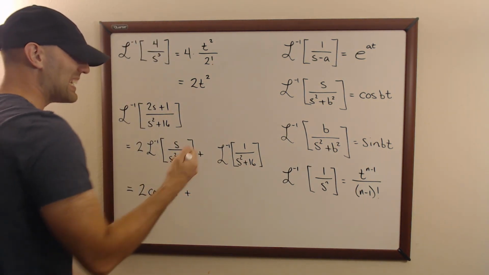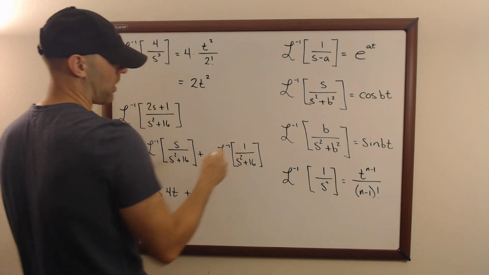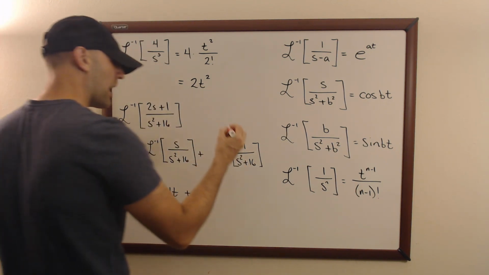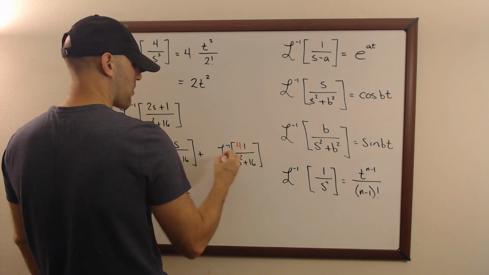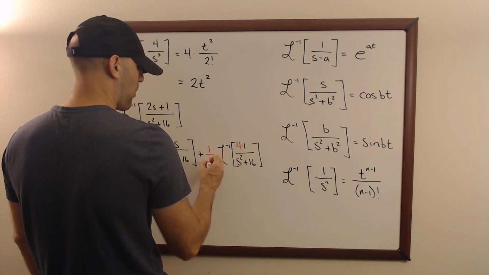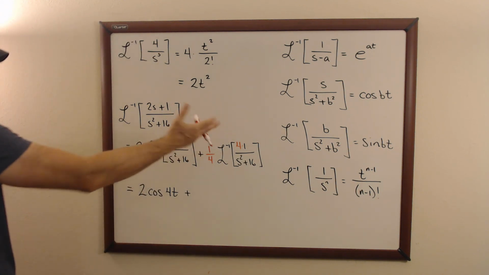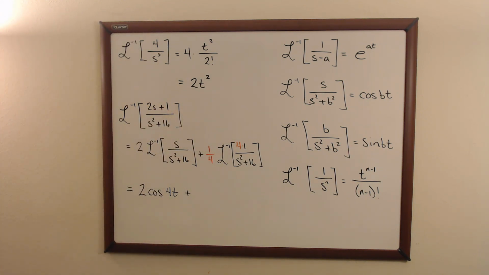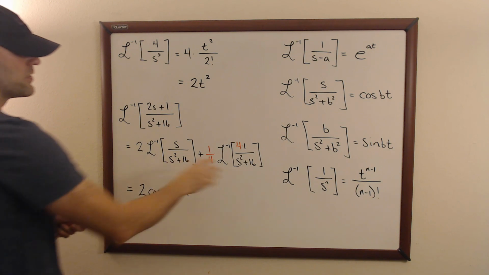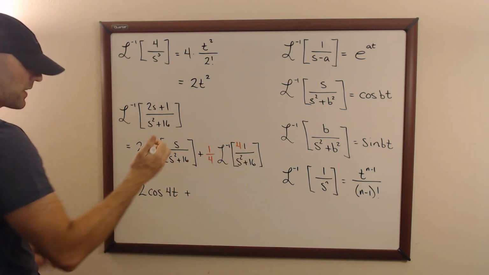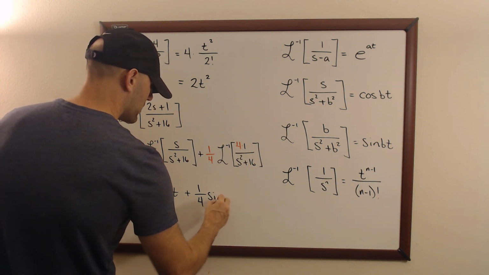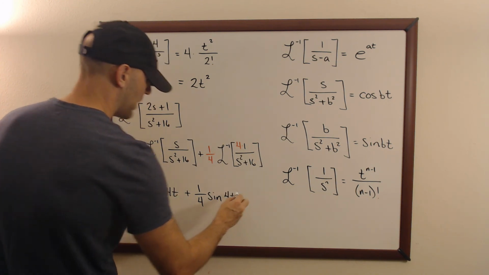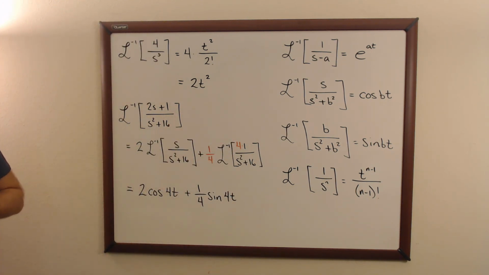So I really need this 1 to be a 4. And I can accomplish that by multiplying a 4 into this numerator, and I'll put a 1/4 out here, right? 4 times 1/4 is 1. That'll fix my fraction. This is 4 over s squared plus 4 squared. That's fantastic. And I get 1/4 sine 4t. Easy as pie, right?